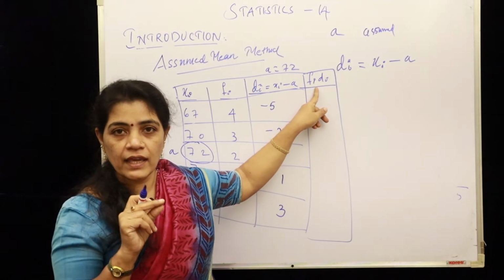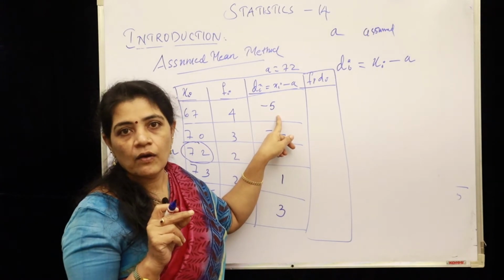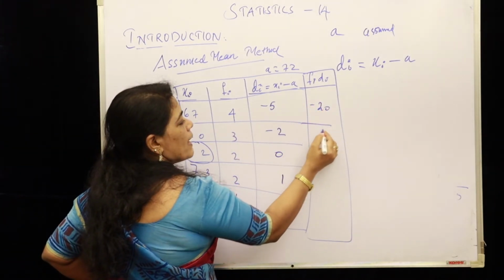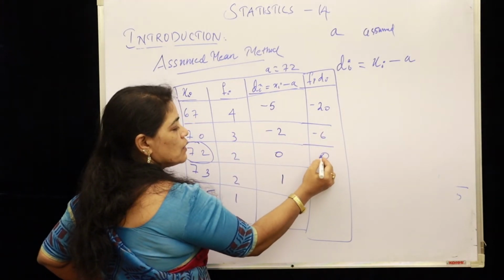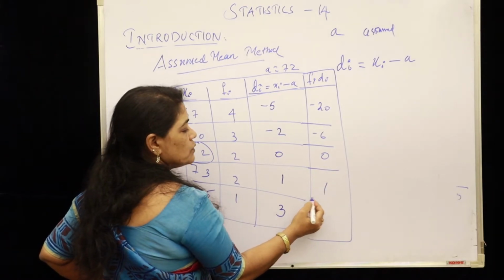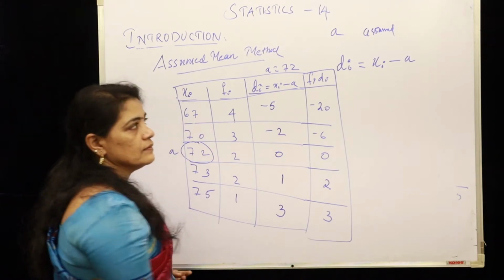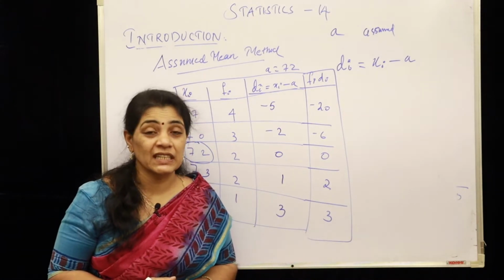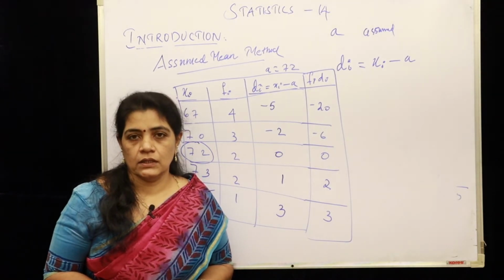If you are taking the first frequency, you have to take the first deviation. That is 4 into minus 5, minus 20, minus 6, 3 into minus 2, 2 into 0, 0, 2 ones are 2, and 1 threes are 3. So this is the preparation of the table in order to apply this assumed mean method.